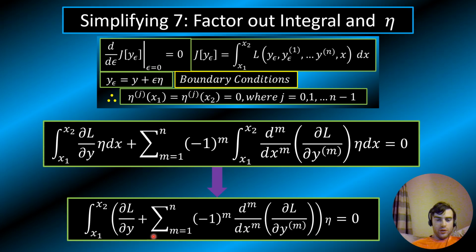So now what we're going to do is factor out the integrals. That means we're going to make it the integral of everything. We're also going to factor out the etas over here. And we get all this stuff is equal to 0. And now we can apply the fundamental lemma of the calculus of variations.